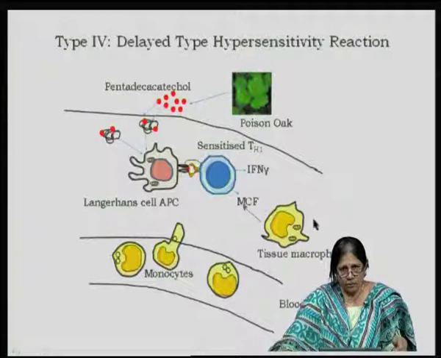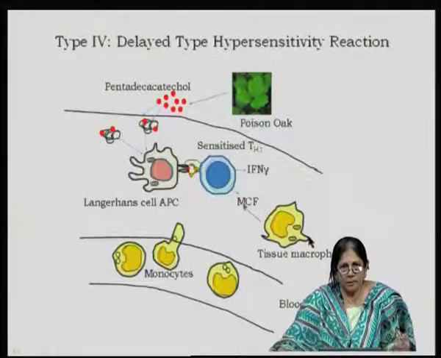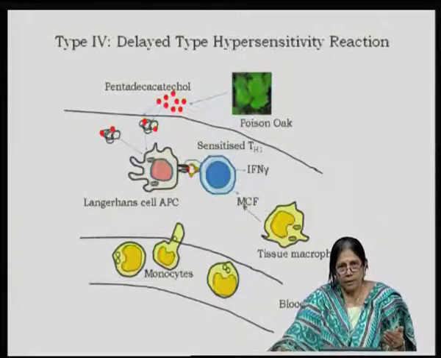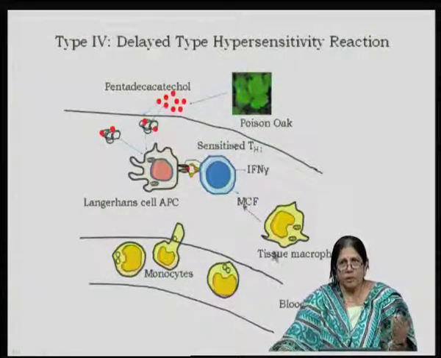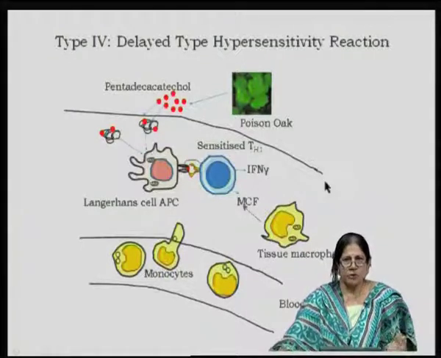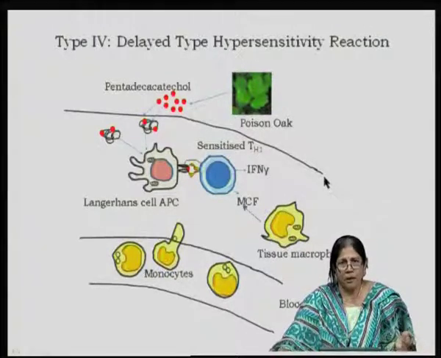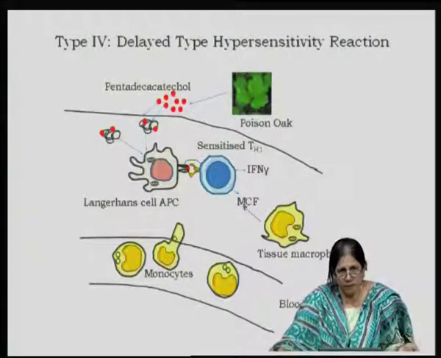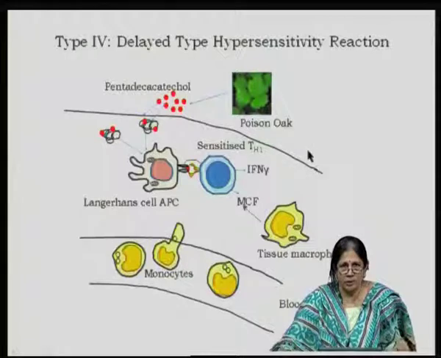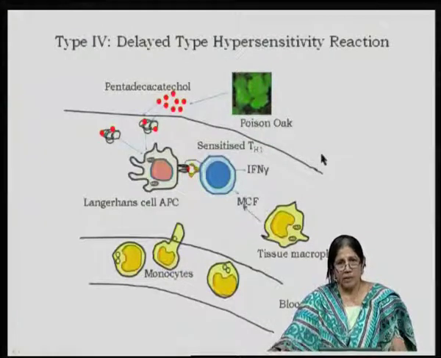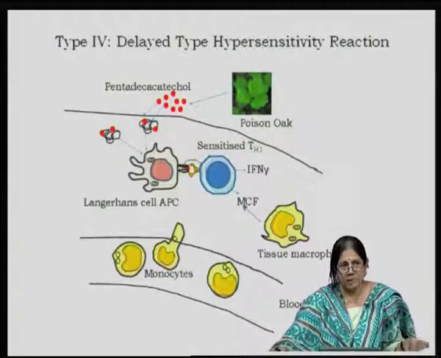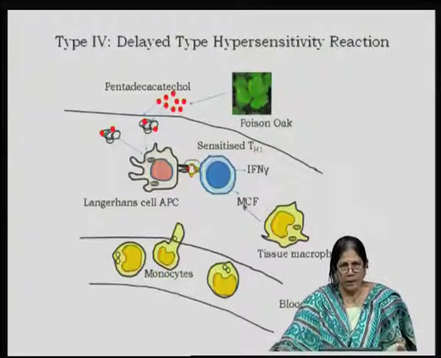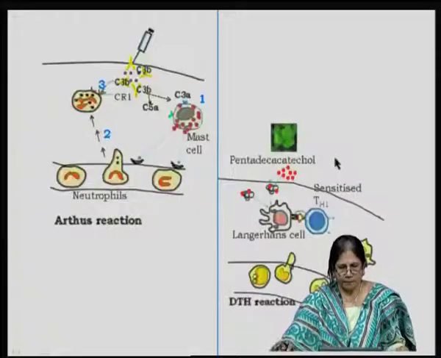In case of people who are sensitive to hair dyes or turpentine, turpentine is of course an occupational hazard, so you change your job, or if one is hypersensitive to hair dyes, then you stop using the hair dye, or any of these cosmetics. Now, of course, there are cosmetics available which say hypoallergenic, which would mean that the cosmetics do not contain allergic substances.